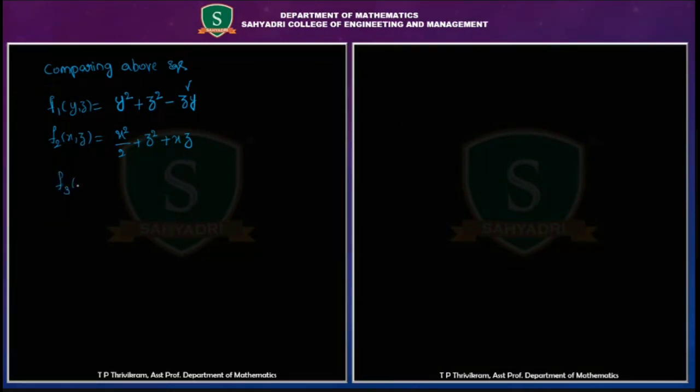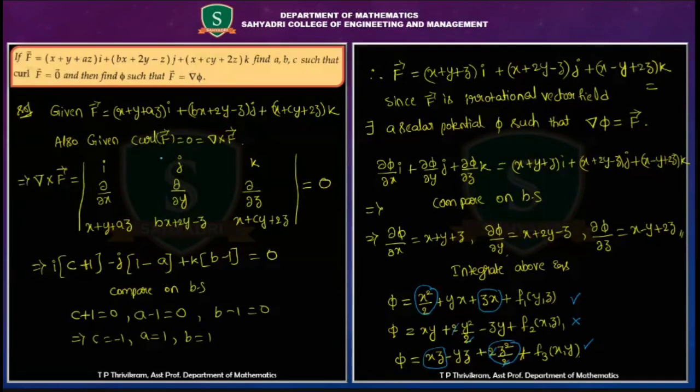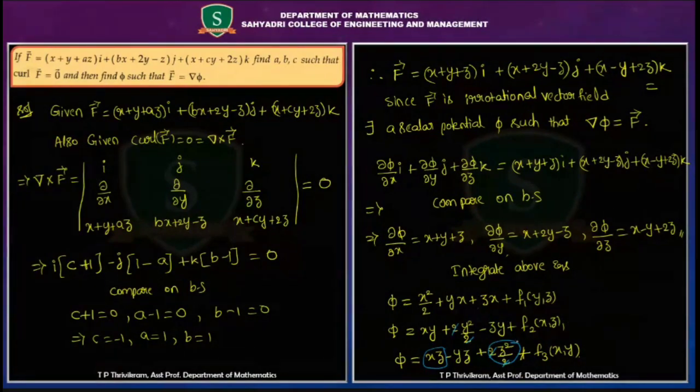Similarly, f3 of x comma y is equal to, now you have to leave the second equation, take the third equation, and search for the xy function in the remaining two equations, in these two. xy means this whole will come.